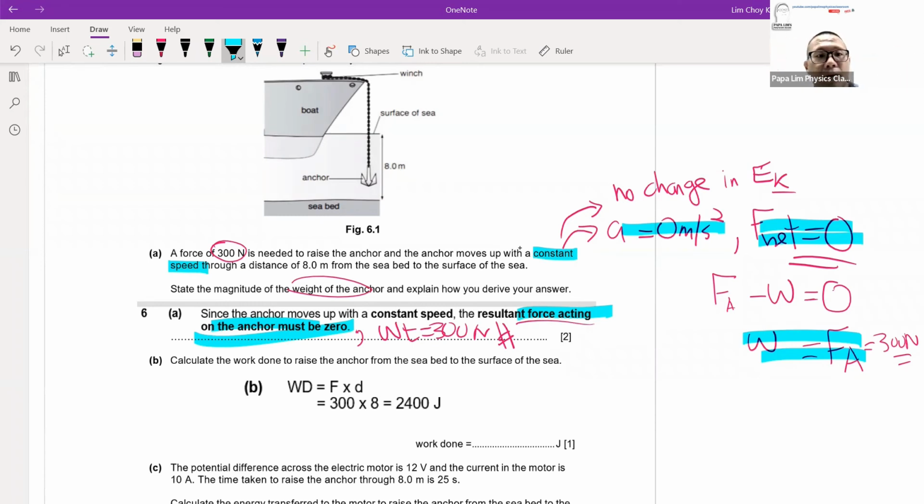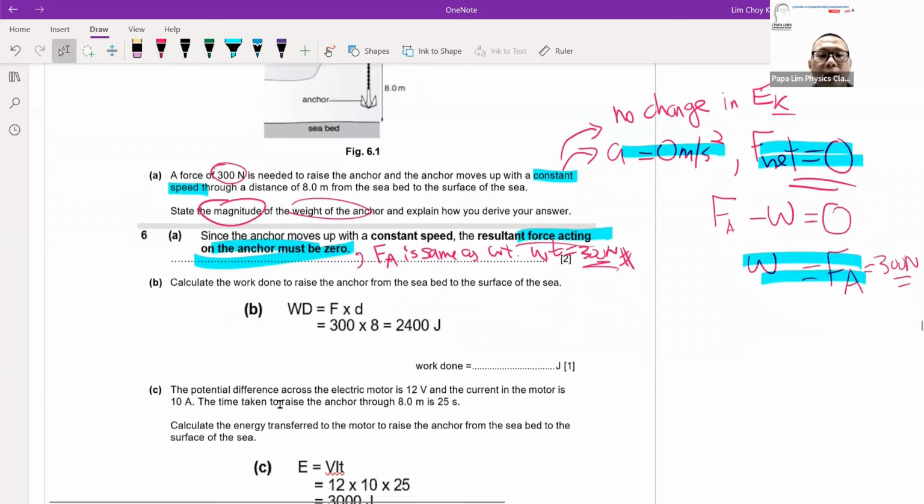Yes, I may want to write it. So before I write 300 newtons, I can say the force applied is the same as the weight. Then after that, I'll tell the marker the weight is 300 newtons. Remember to write the value. Even though I say same, if I never state the value, I will not be answering the question, because the question says state the magnitude. So I must write down the number.